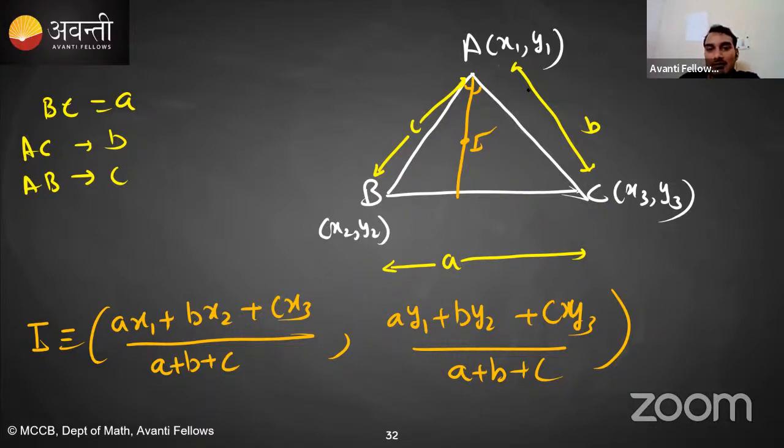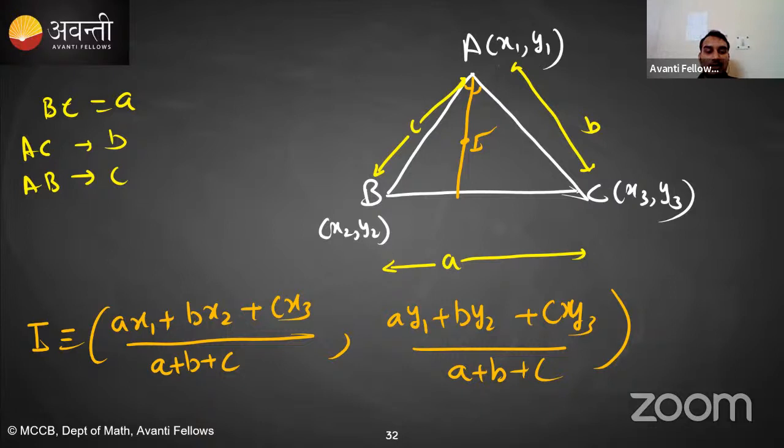Similarly, the y coordinate is a into y1 plus b into y2 plus c into y3, upon a plus b plus c. Is this clear, everyone? So did the incenter coordinates make sense? If the coordinates of a triangle are given, then you can easily find the coordinates of the incenter and the centroid. Yes or no? This is just a simple formula.